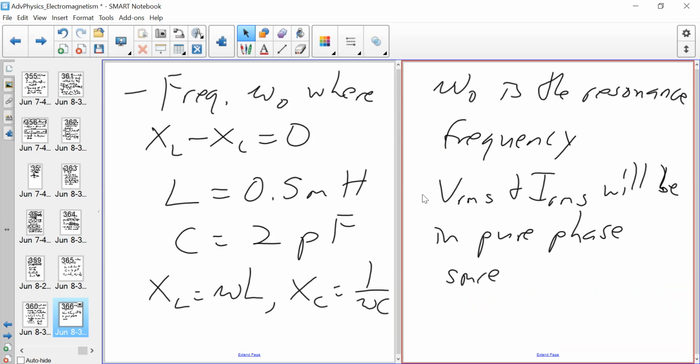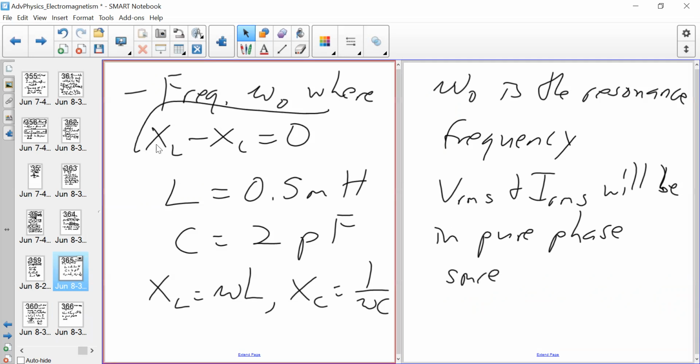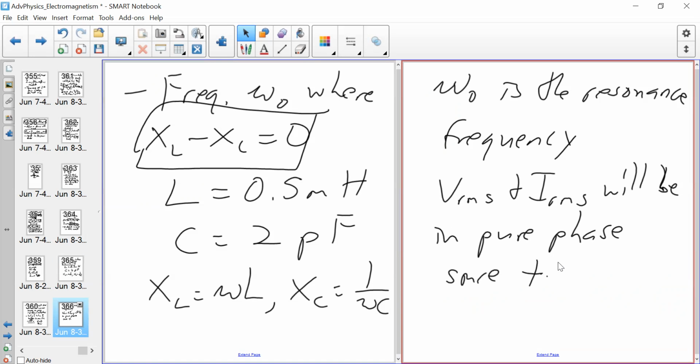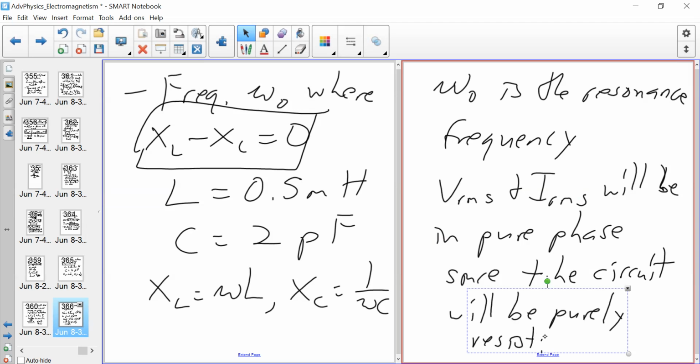Since now, when you do this, the circuit will be purely resistive, because we've basically, quote, canceled these out. So that's the idea of resonance.